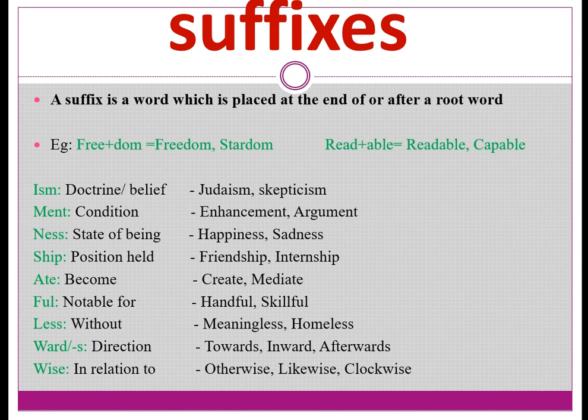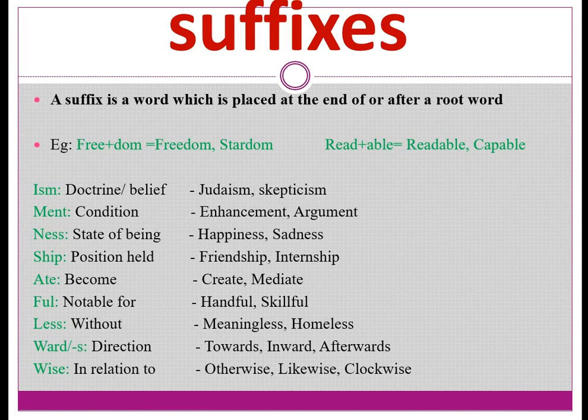Then the next example is less. Less means without. So here the examples for less suffix are meaningless, homeless, shameless, shapeless, etc. Next example is ward, W-A-R-D. You can also use it as wards.